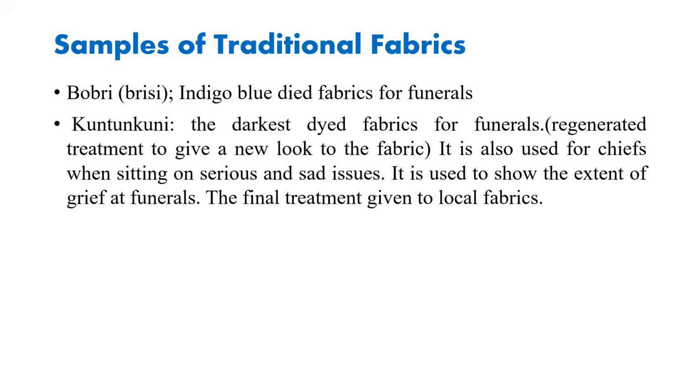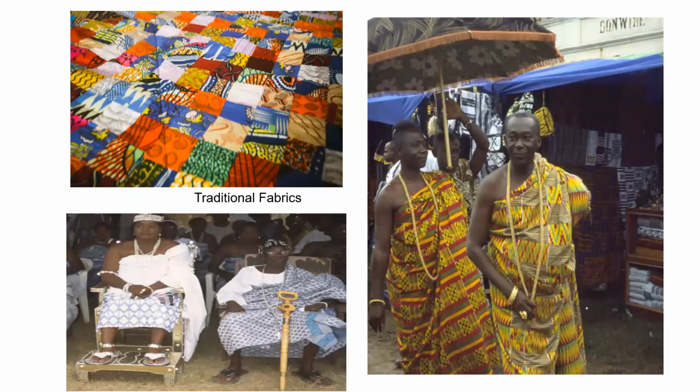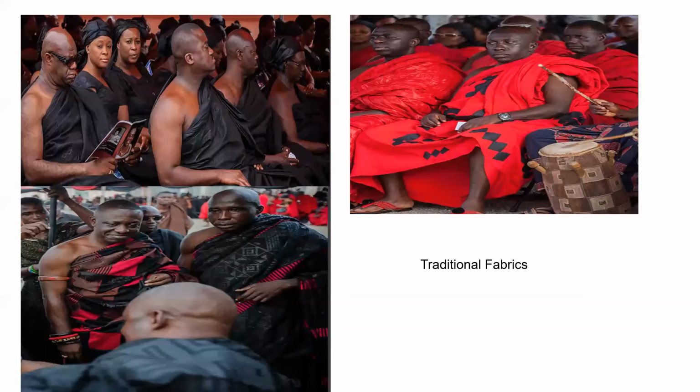So it's mostly for chiefs. They use it when sitting on serious and sad issues. It is used to show the extent of grief at funerals. The final treatment given to local fabrics. So these are samples of our local fabrics.